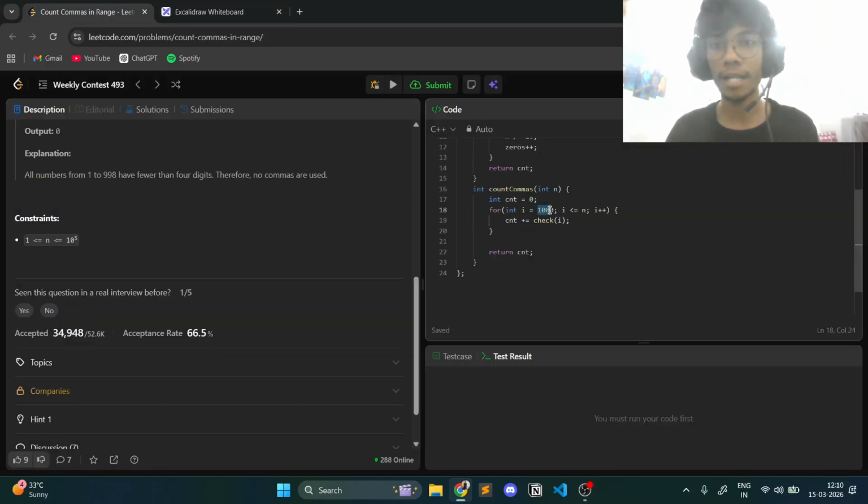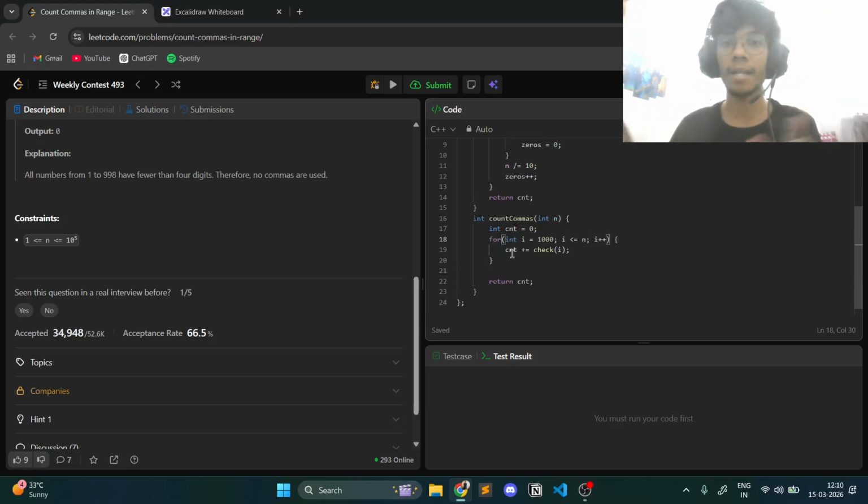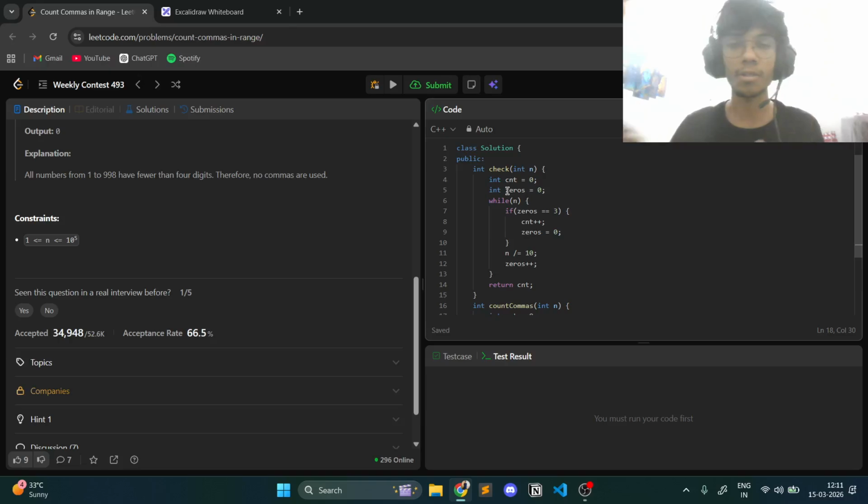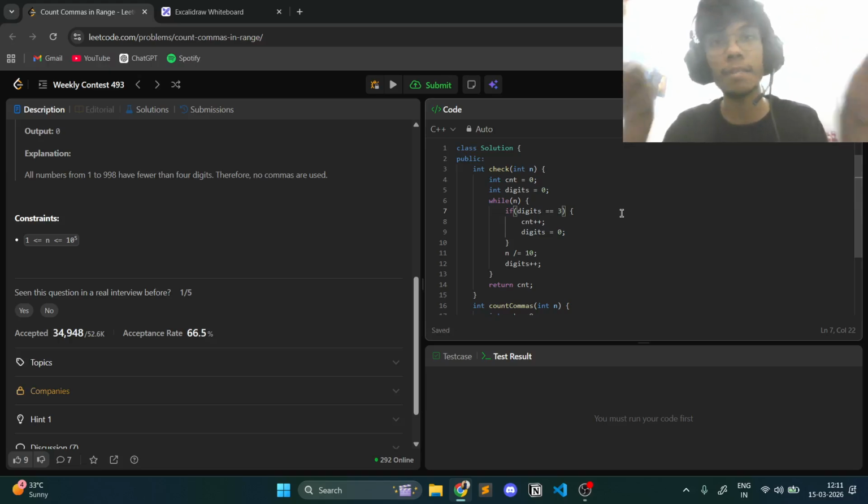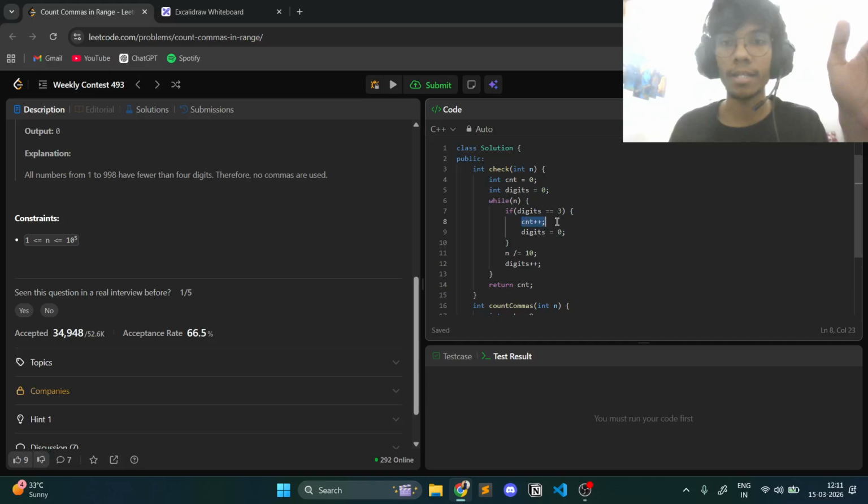I begin from 1000 and go all the way up to n. I just increment the count by the number of commas that particular element will have. So I can iterate over all the digits of it and keep incrementing. The zeros here is actually the digits, so you can replace this by digits. As soon as my digits become 3, that indicates that I can place a comma over here, so I increment my count by 1.